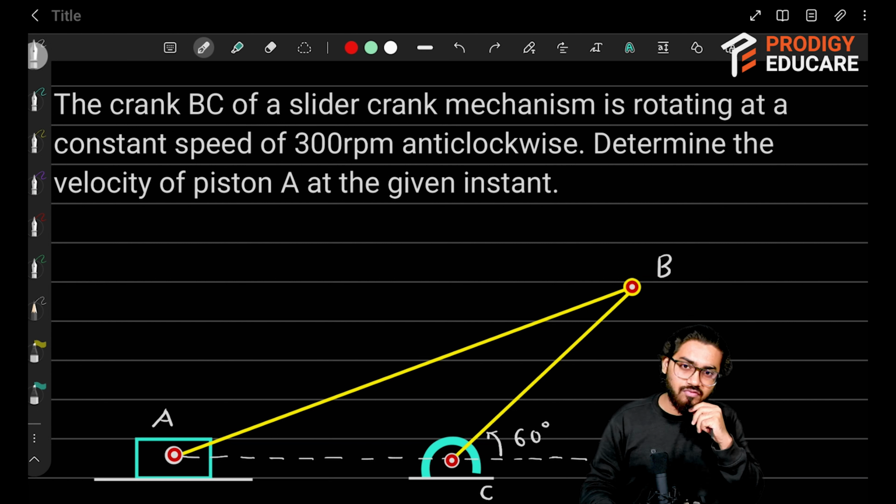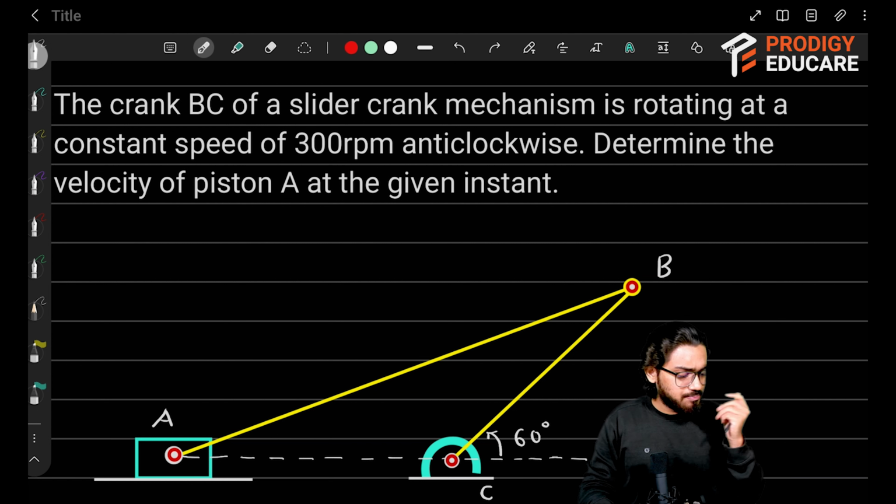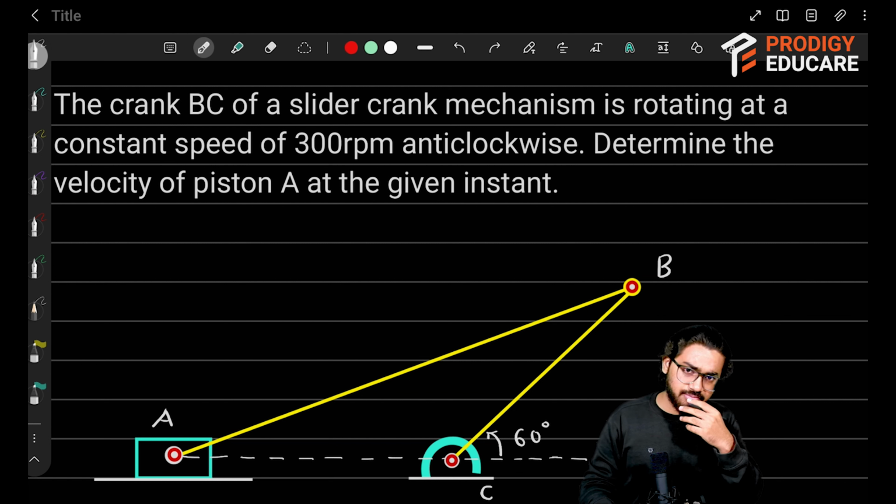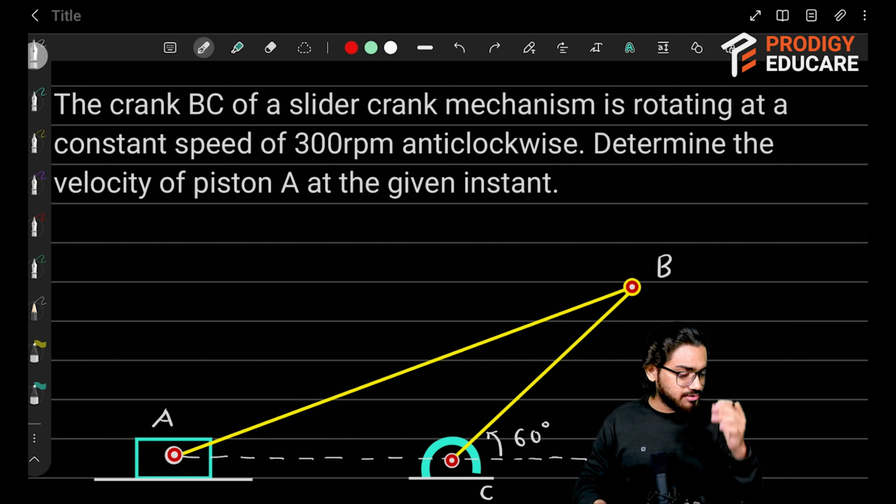For example, in this particular question, your rod BC is moving anti-clockwise, rotating anti-clockwise at an angular velocity of 300 rpm.